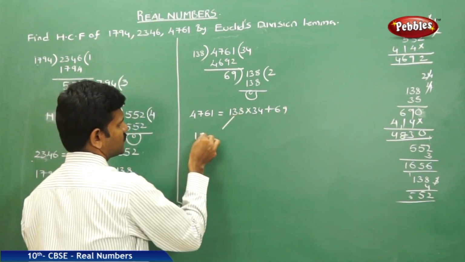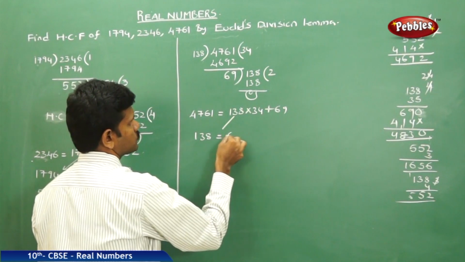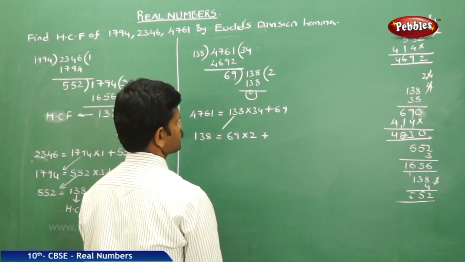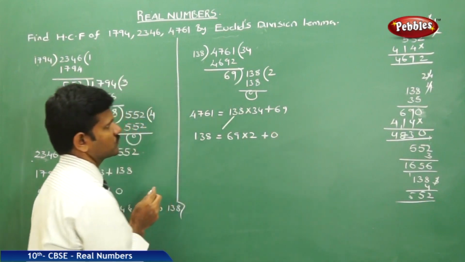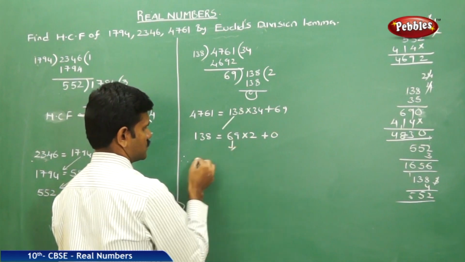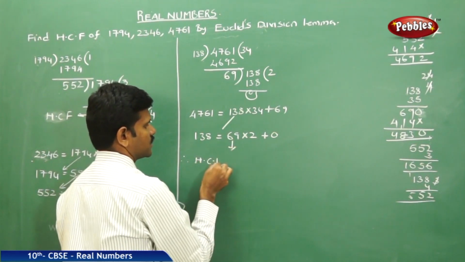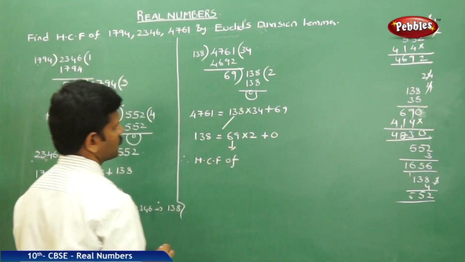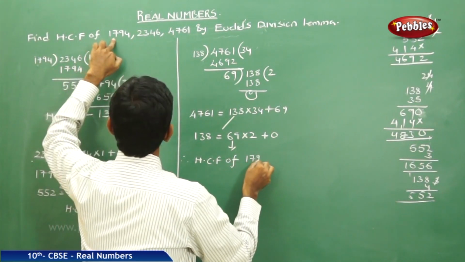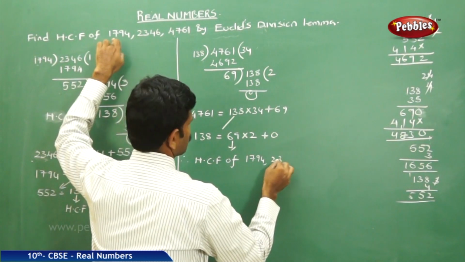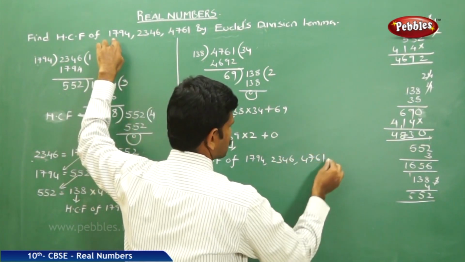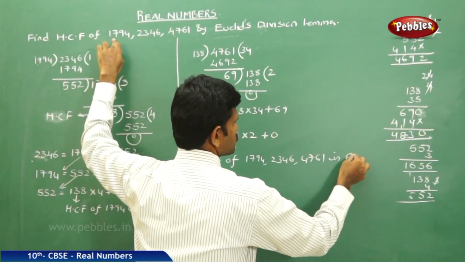Next, 138 is equal to 69 into 2 plus 0. Therefore, that is the HCF of 1794, 2346 and 4761, which is 69.